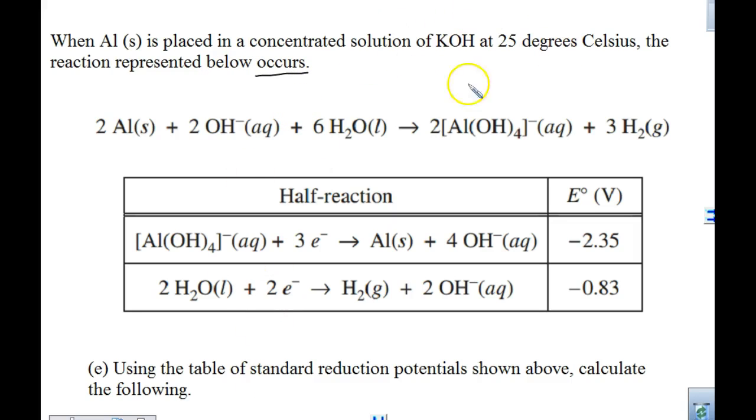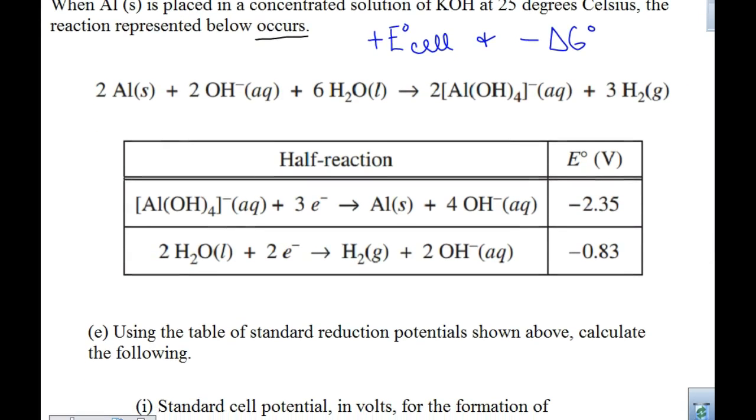Okay? So, that means that this should be a thermodynamically favored reaction, which means we should get a positive E cell and a negative delta G. Okay? So, scrolling down just a little bit.